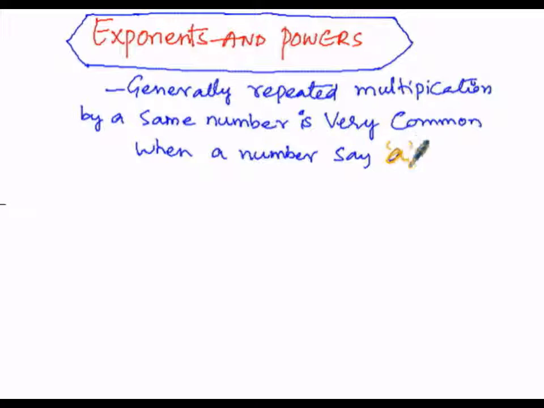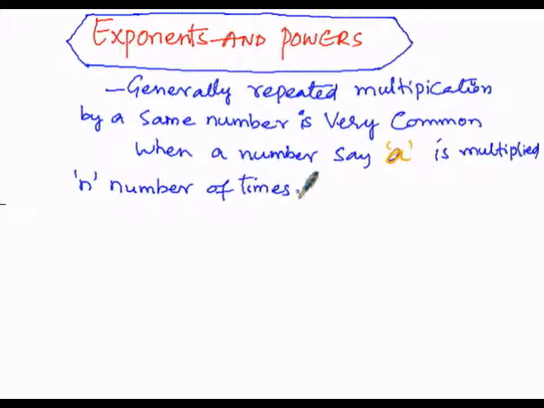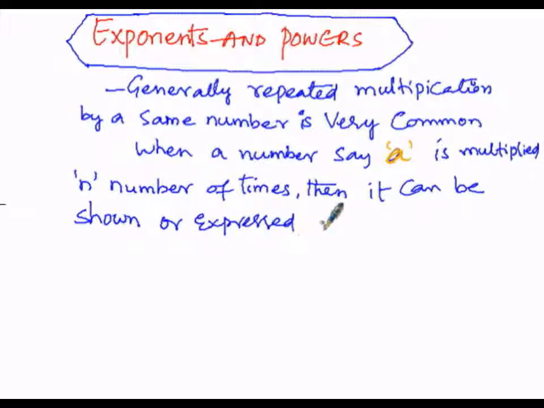So, here if this a is repeatedly multiplied n number of times, then it can be shown or expressed as, since this a is repeated n number of times, a to the power of n, which is the exponential notation.